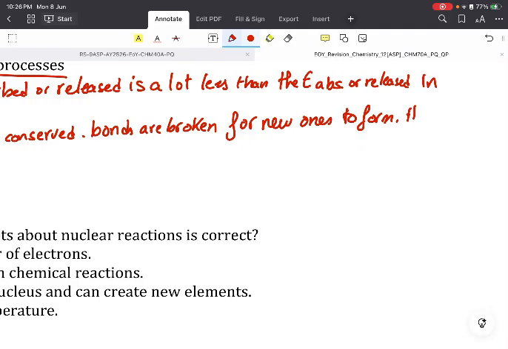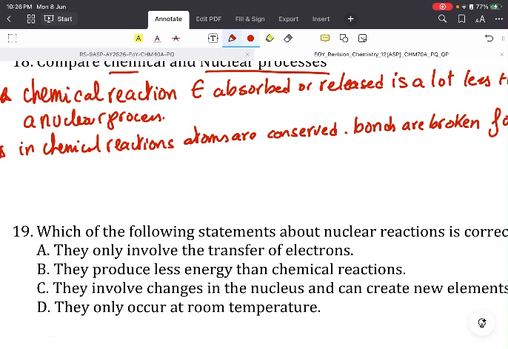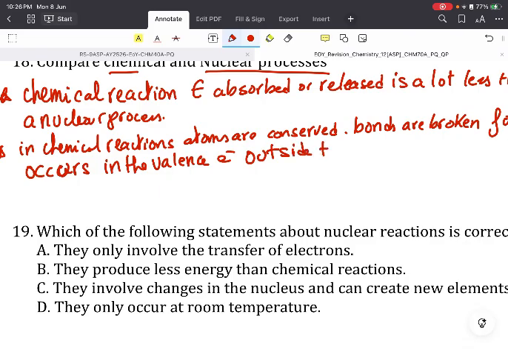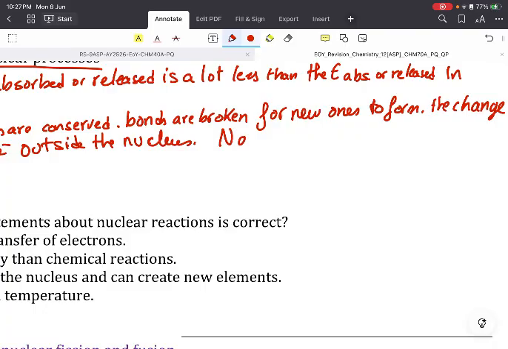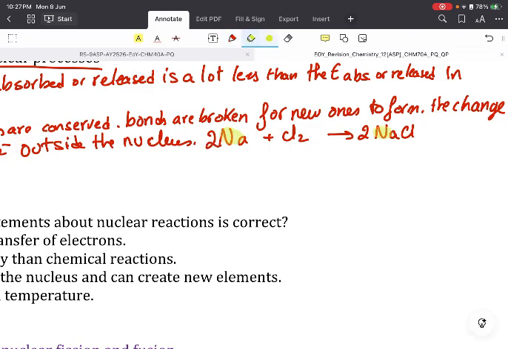The change occurs in the electrons, in the valence electrons outside the nucleus. Okay, so if I have Na plus Cl2, it's going to give me 2NaCl, and here's the balancing. Na still there, Cl still there. So what happened is that Na and Cl2 exchanged electrons, and I have a chemical process.